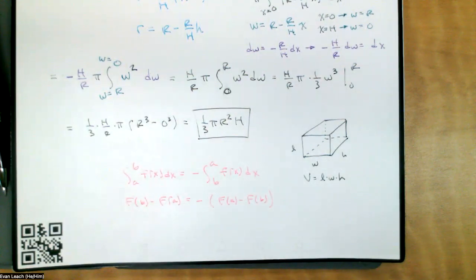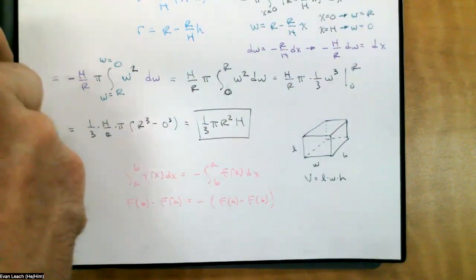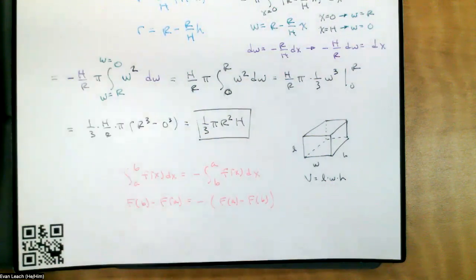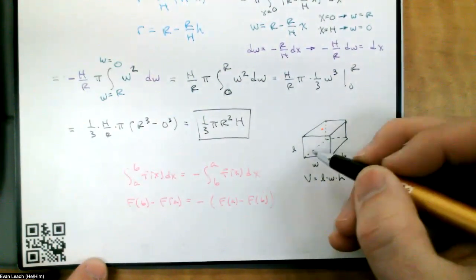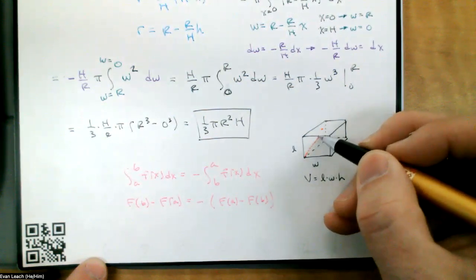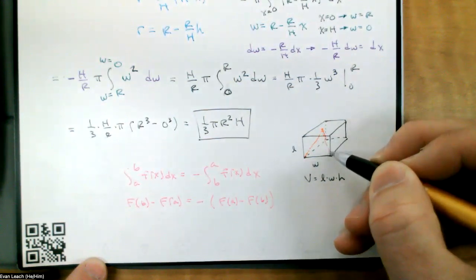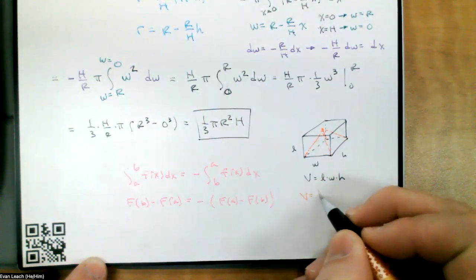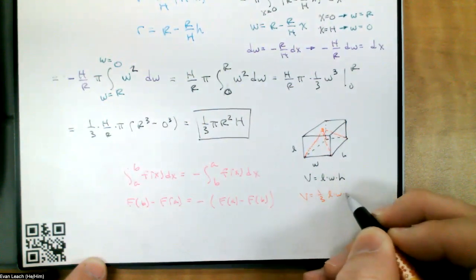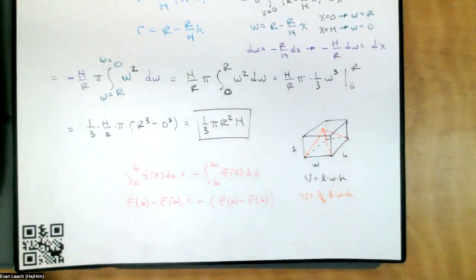If from the rectangular solid, I cut out a pyramid by picking a point on the top and just cutting down to all the sides, we end up with 1/3 of the length times the width times the height.